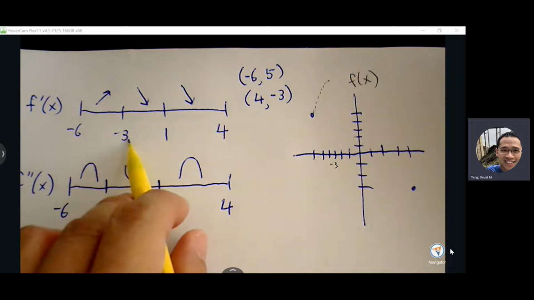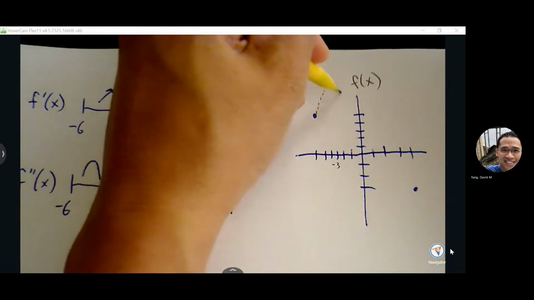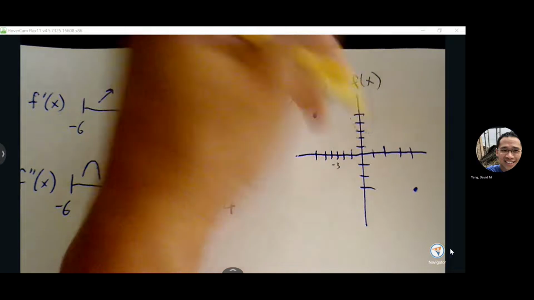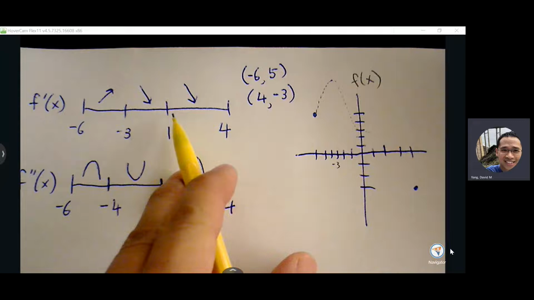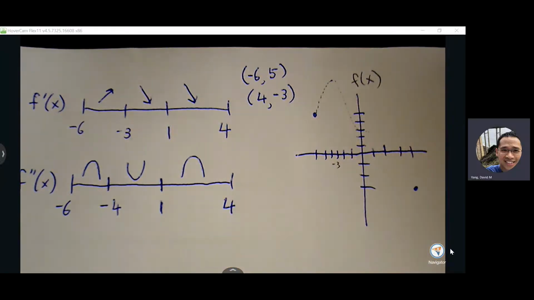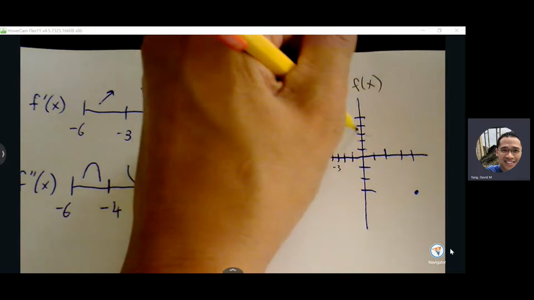So what happens after -3? At 1, it's going to flatten out for a moment because there's a slope of 0 here. And it's going to continue falling to 4, right? The arrows are telling us to go down.